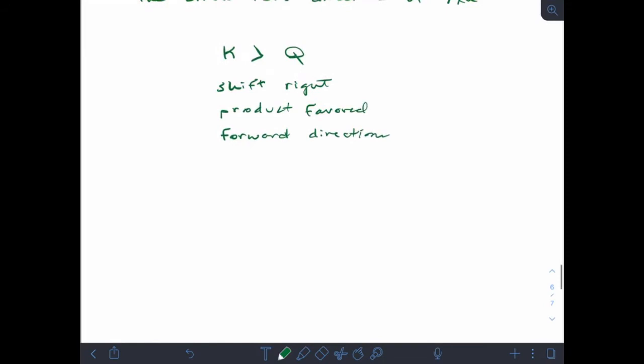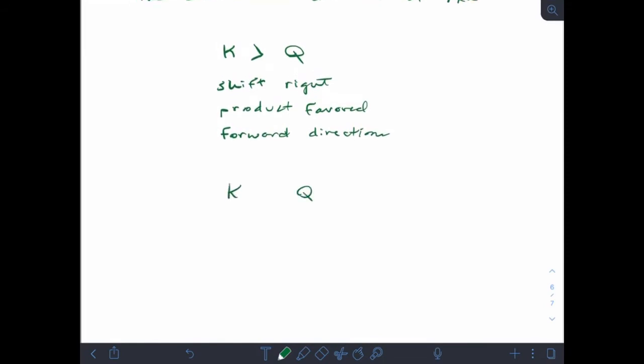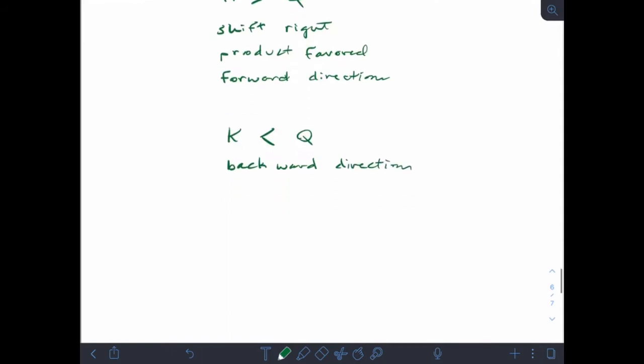Okay, so if I put them alphabetical, and I find that Q is greater than K, the backward reaction is favored. Okay, and if I calculate Q and find that they are equal, equilibrium has been reached.